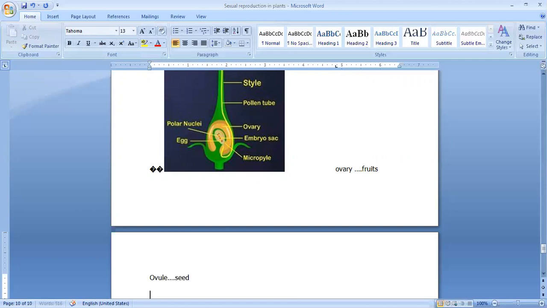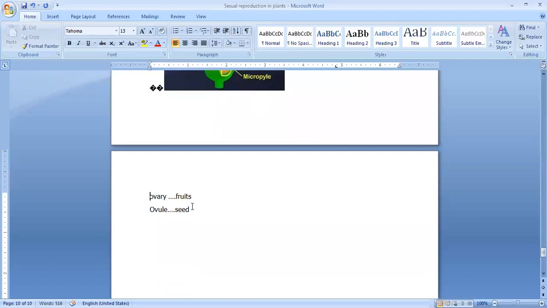When the egg is fused with the male nucleus, it will result in a zygote, which later forms the embryo.